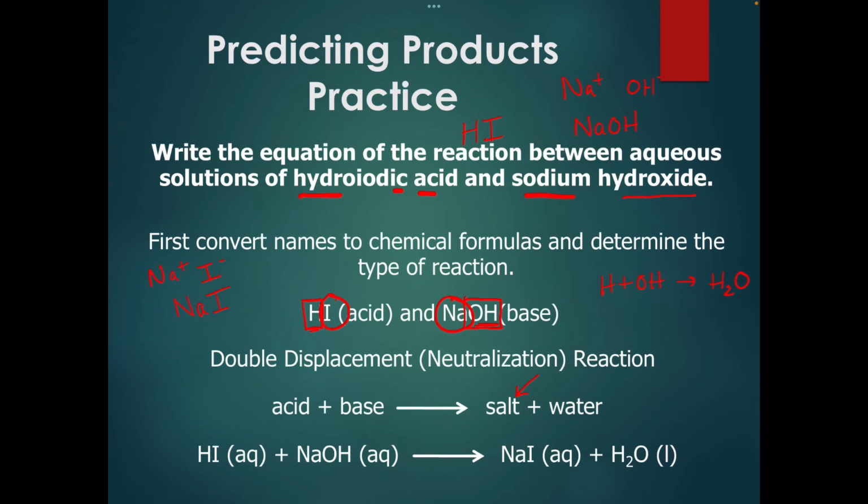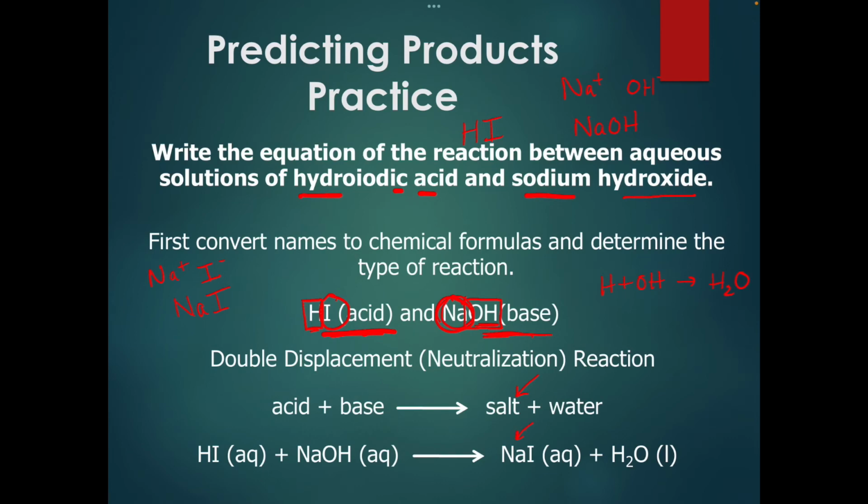Then we need to go through and figure out the phases of matter for all of these things. Anytime you see an acid, that's always going to be aqueous. And anytime we see a base, that's also going to be aqueous most of the time, but I would go through and check. This one is aqueous because it's attached to sodium, and everything attached to sodium is always aqueous.